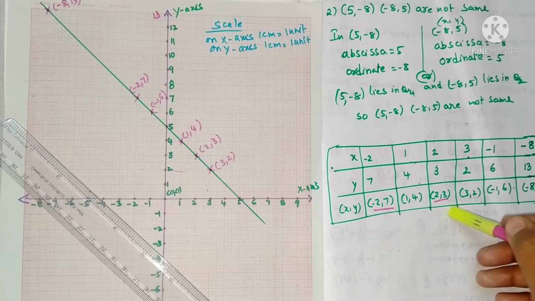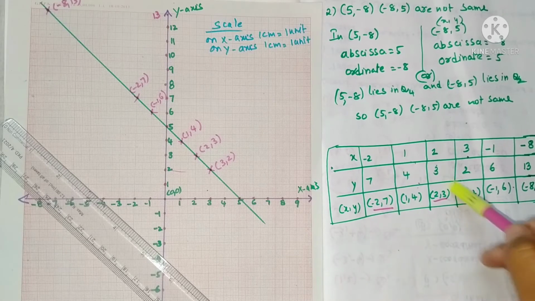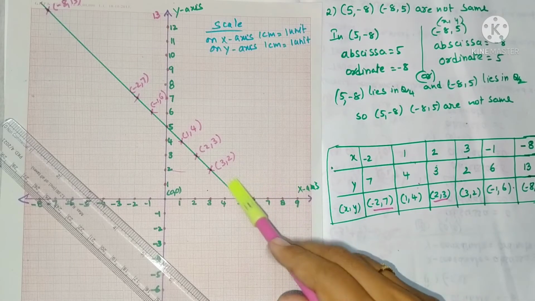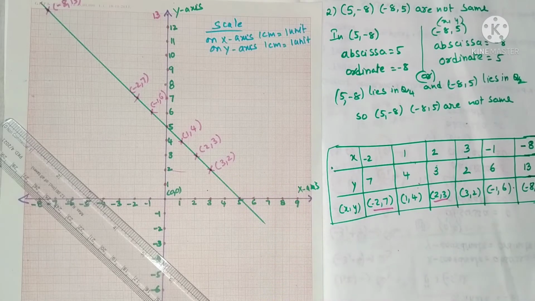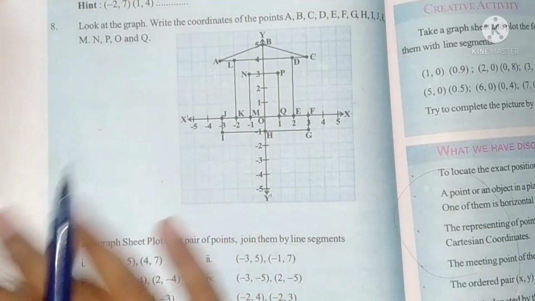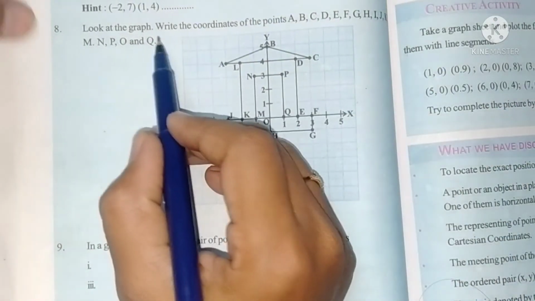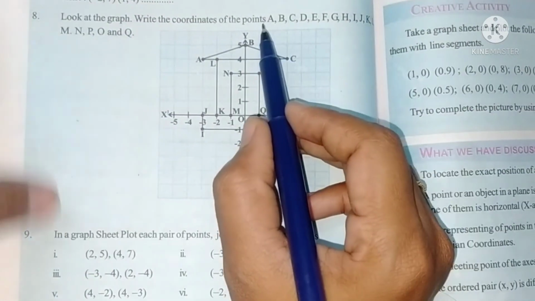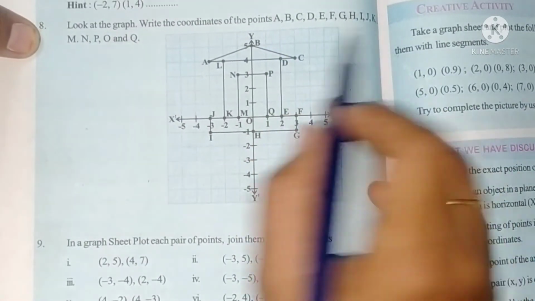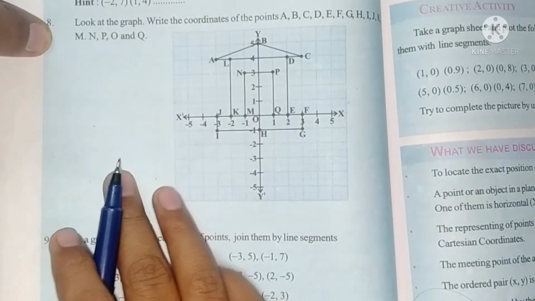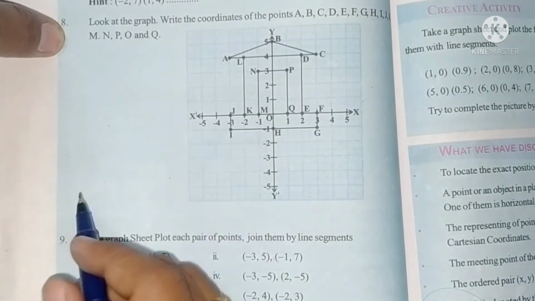So these are the points whose coordinates sum is equal to 5. This is our 7th problem. 8th problem. Look at the graph. Write the coordinates of the points A, B, all these alphabet. We have to write the coordinates.